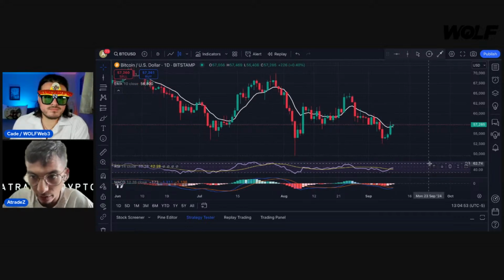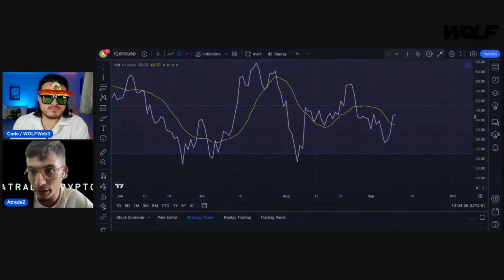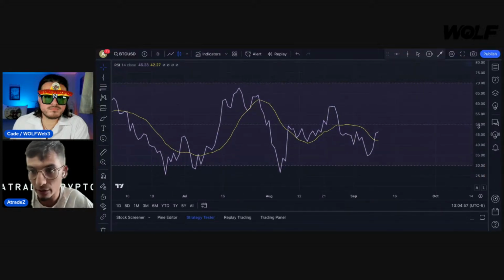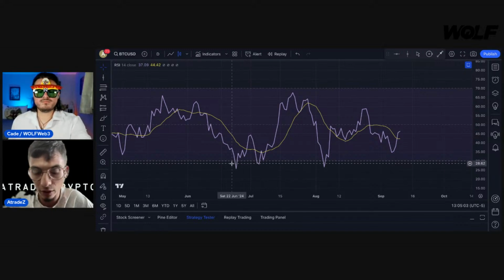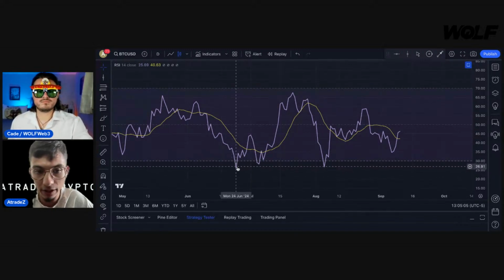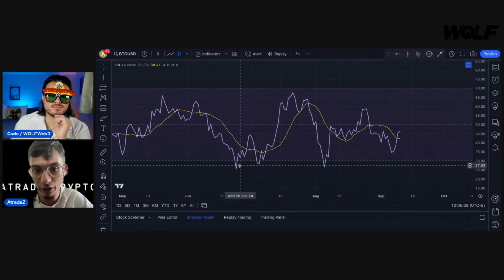An example of a stock that would be oversold would be when it reaches under the 30 level. Anything under 30 is severely oversold, and you typically have the best entry if you have conviction with the chart.